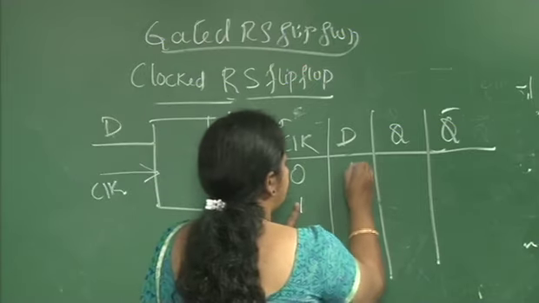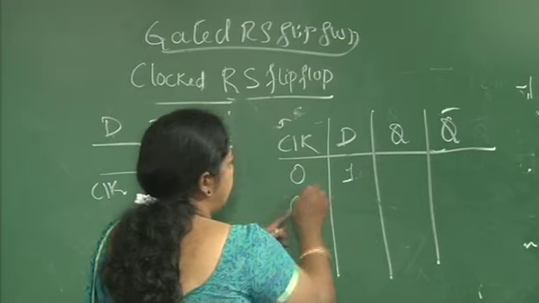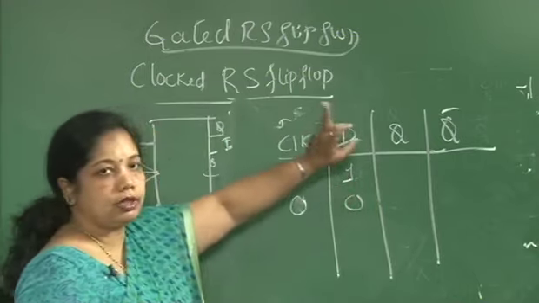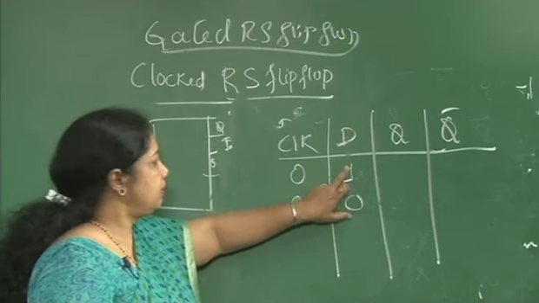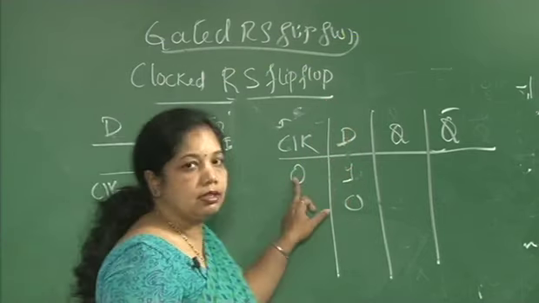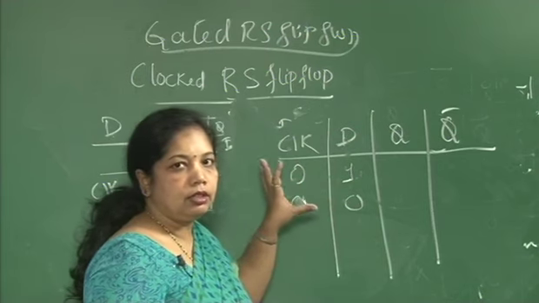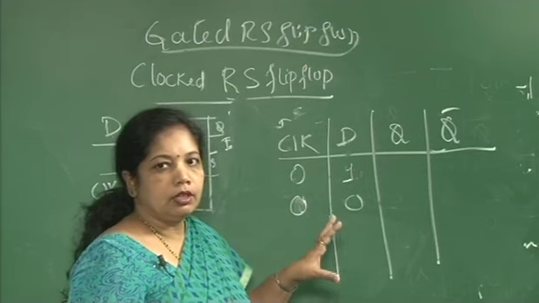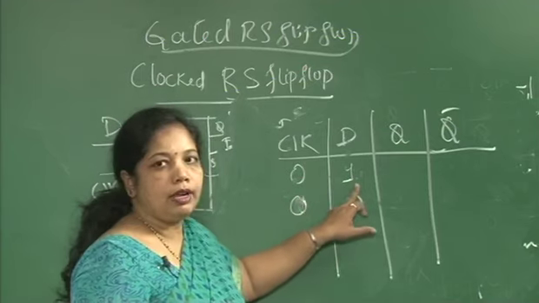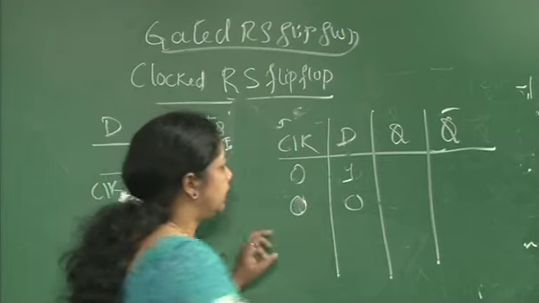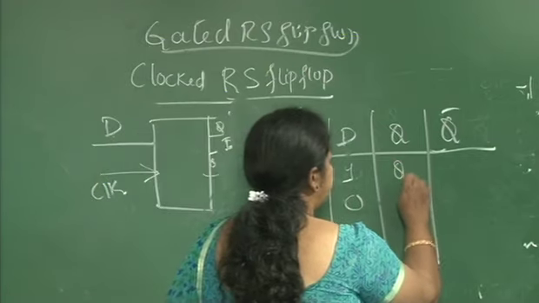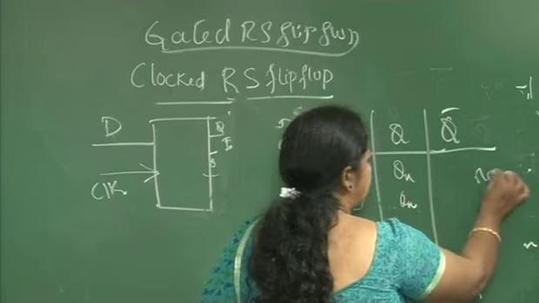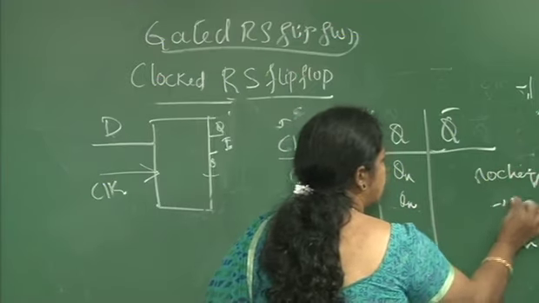D has either 1 input or 0 input, since I have only a single input here. Since my clock is 0, the input to the AND gate is 0, meaning it is disabled. No matter whatever input you send here, either 1 or 0, it remains in the previous state. So, no change. This condition is called the no change condition.